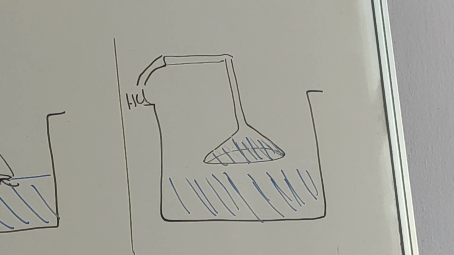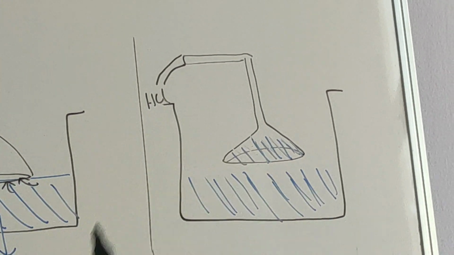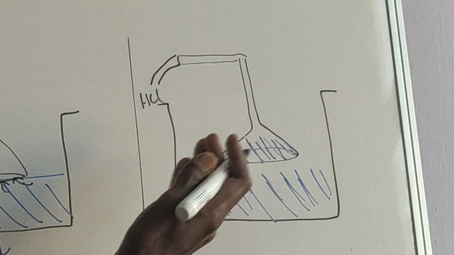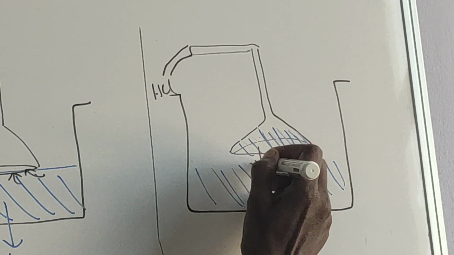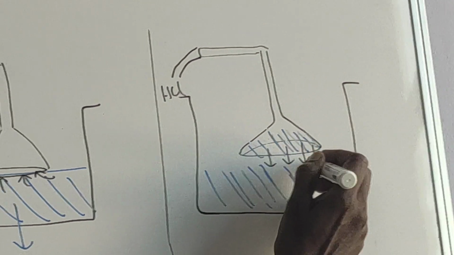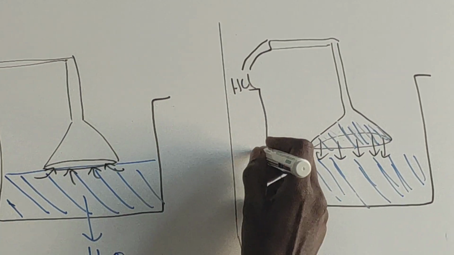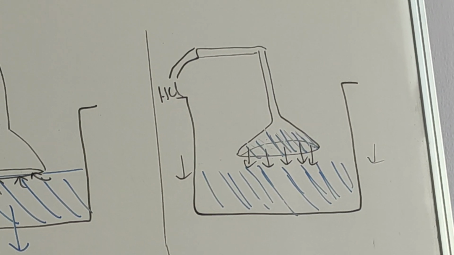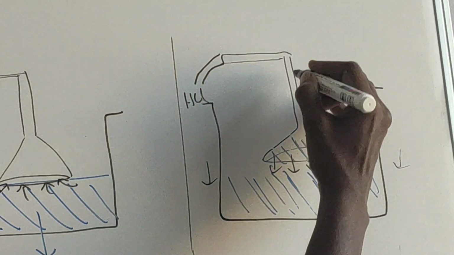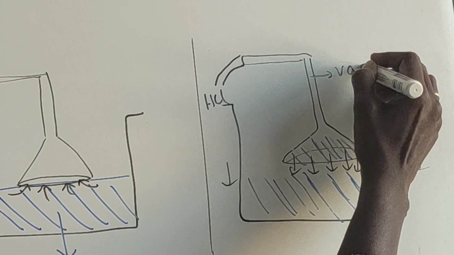Now what happens? Because this water on the top is heavier, it would fall down. The water starts falling down, and the level also decreases. Once the water falls down, a vacuum is created.